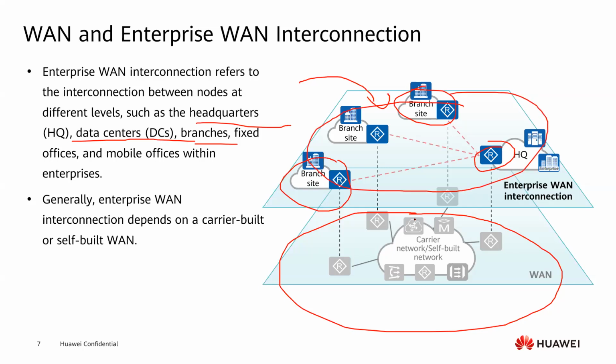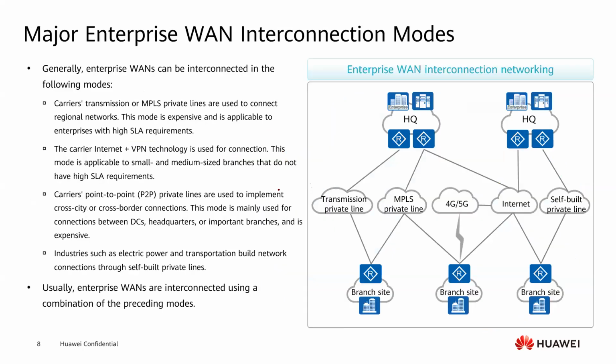For them it is like this, because they do not need to understand what the network between the ISPs really looks like. They actually do not care. What they care about is that I can connect with each other. That is all. So let's talk about WAN interconnection in the rest of the course.